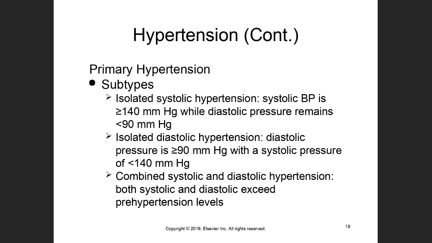Those subtypes are not only for primary, they are for hypertension in general, according to the values you have right here. Isolated systolic hypertension is when only the systolic pressure is high. Isolated diastolic is when only the diastolic pressure is high.